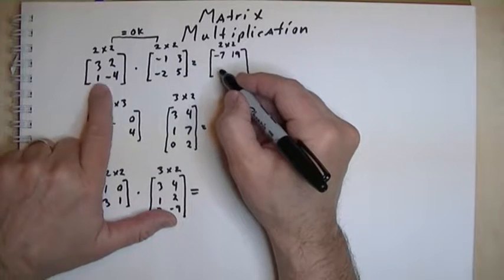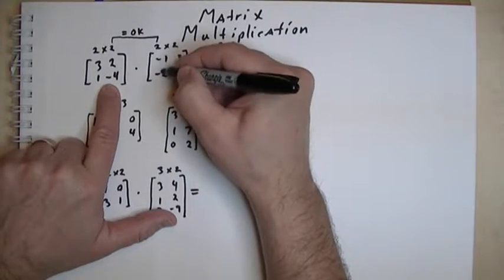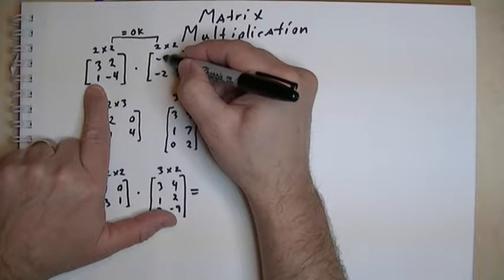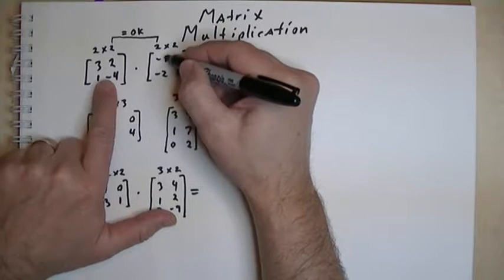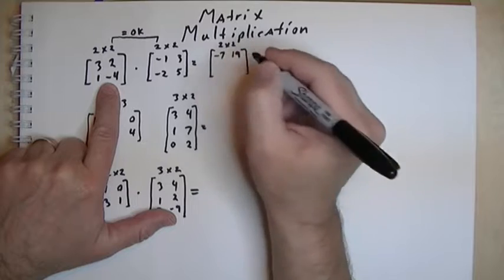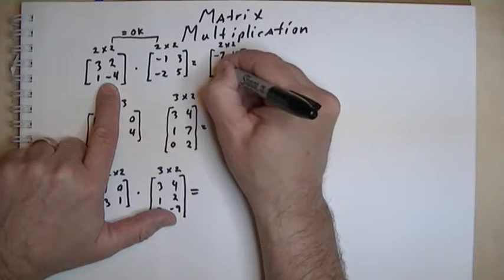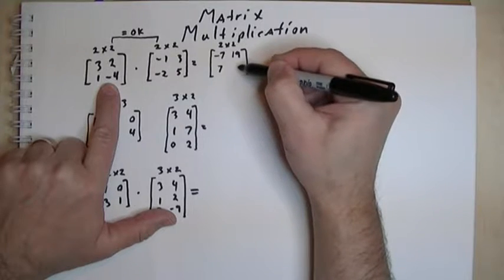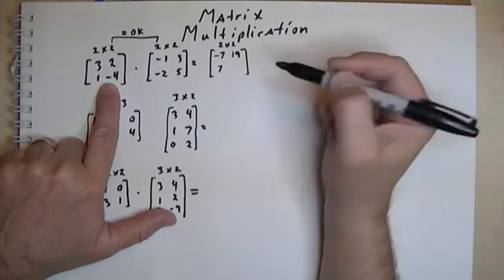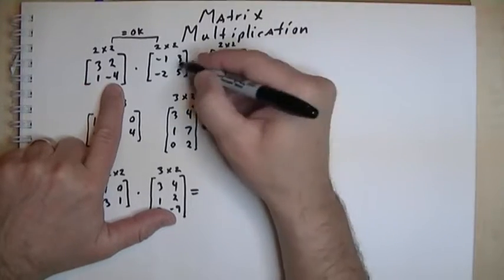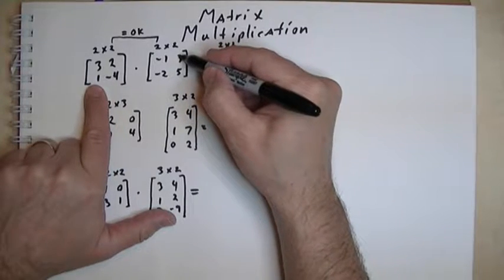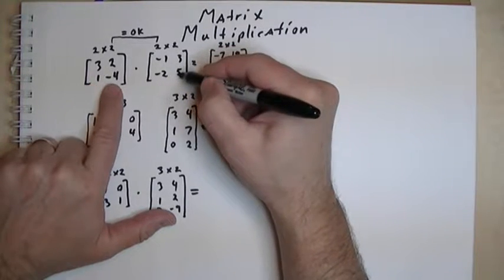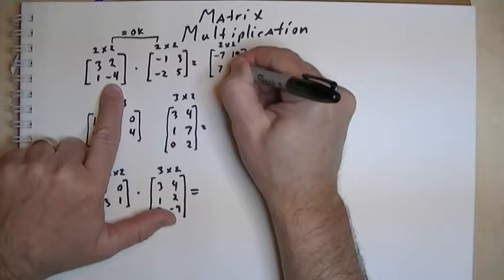I'm going to get -1 and +8. -1 and +8 actually make 7. Here I want the second row, second column. Second row, second column tells me to use the second row and the second column. I'm going to have 3 and I'm going to have -20, and that gets me -17.